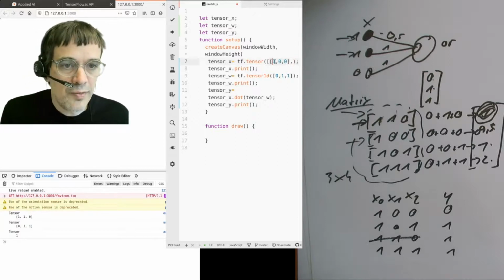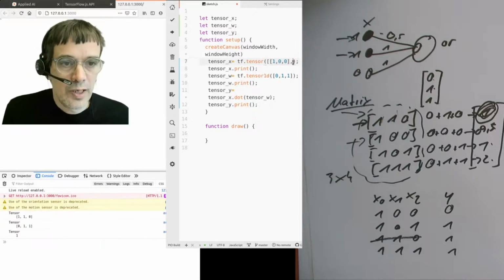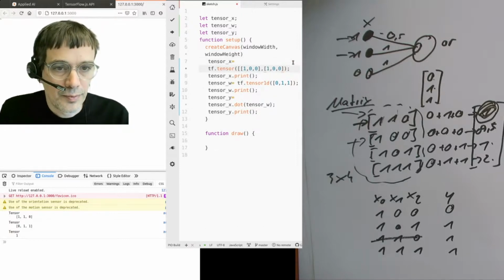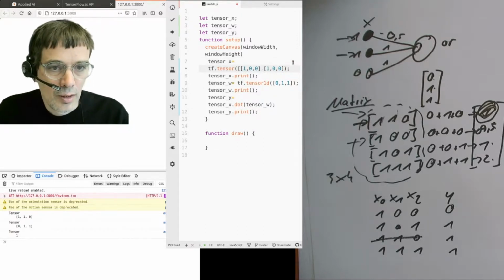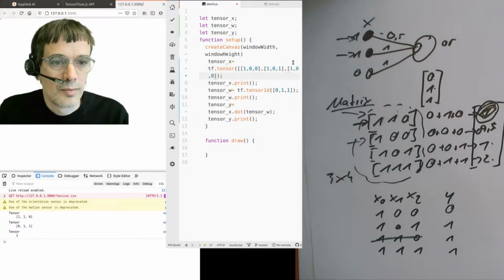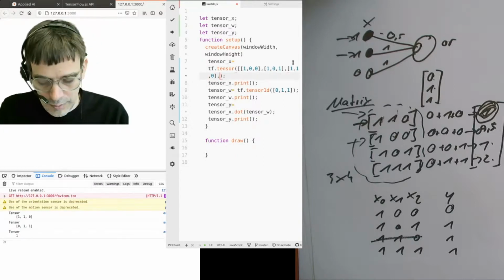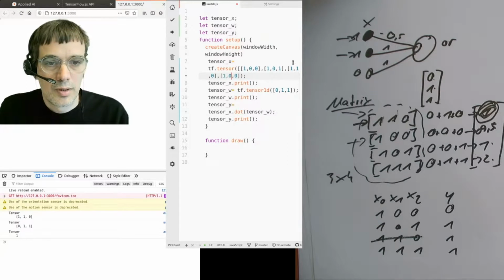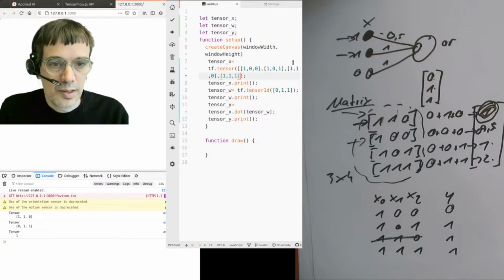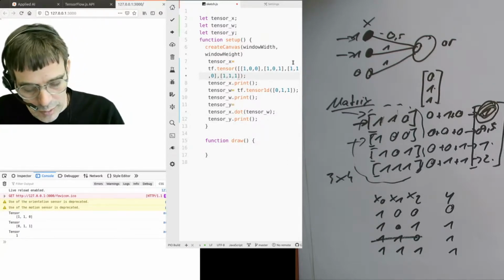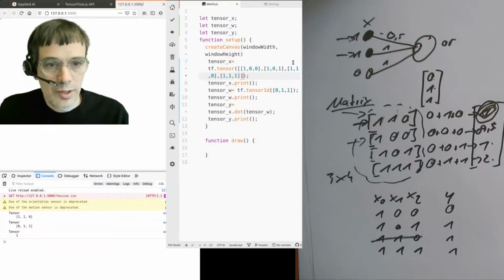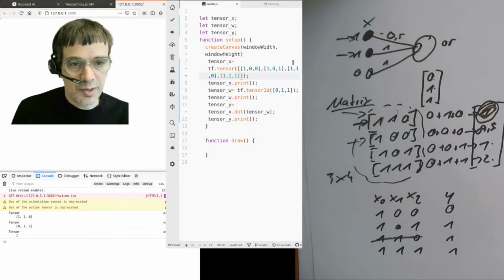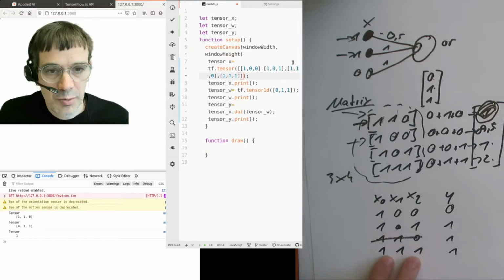So we specify these values one after another: 0, 1, 1, 0. So now we define our input tensor with this truth table here.